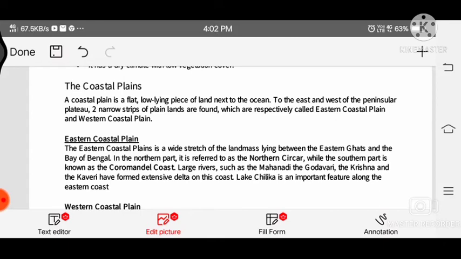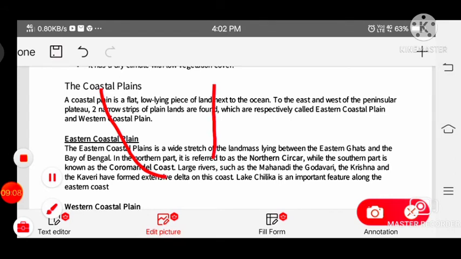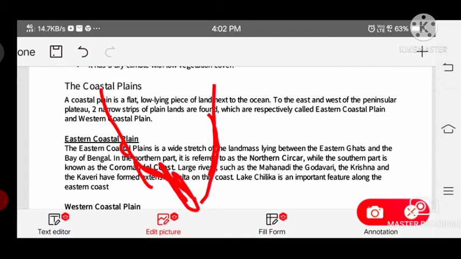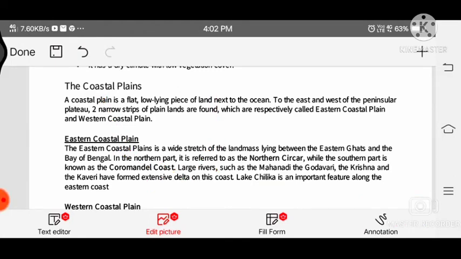To the east and the west of the peninsular plateau, two narrow strips of plain land are found, like here and here. They are respectively called the eastern coastal plains and western coastal plains.